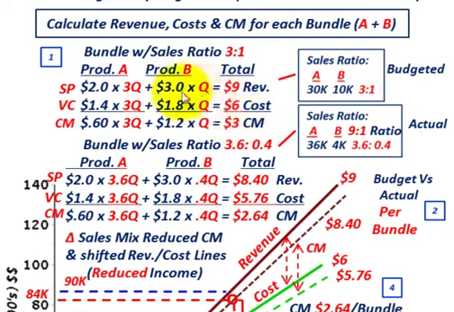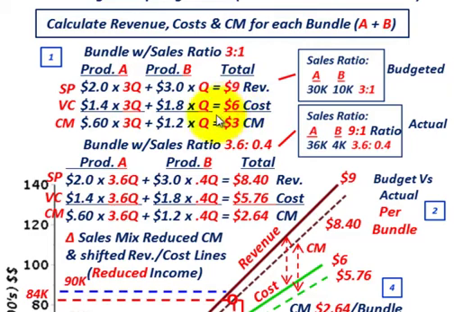So we went through the mechanics, but you can either just set your chart up this way: set up your sales ratios, plug those in, know your selling price, know your variable cost on a per unit basis for products A and B, or whatever products you're looking at. The difference between selling price and variable cost is your contribution margin per unit.